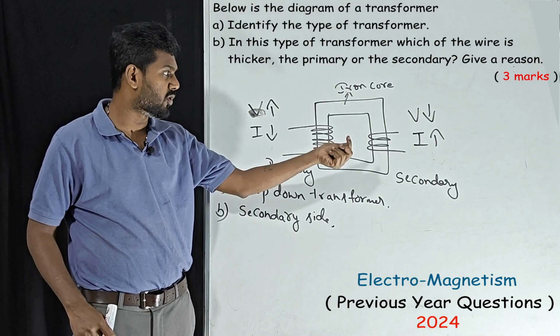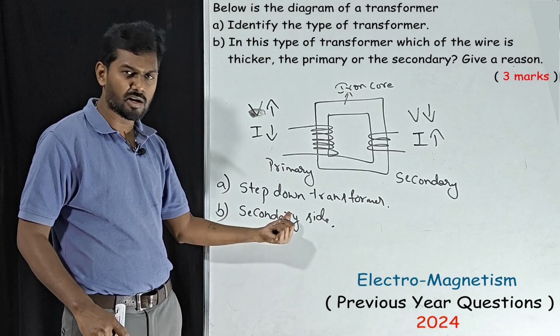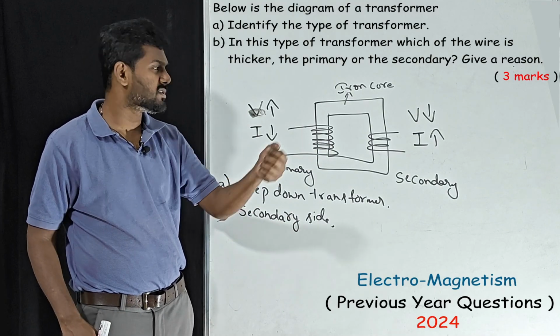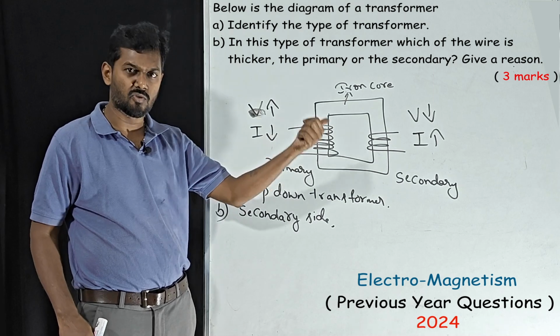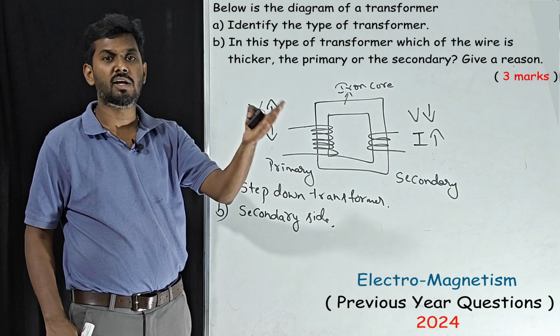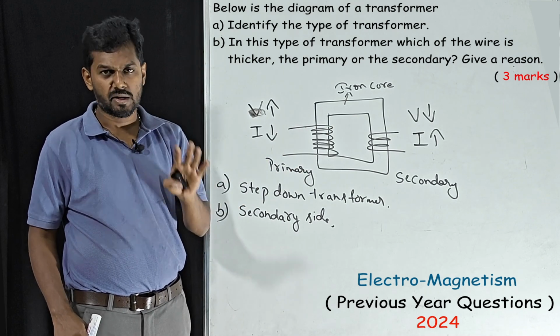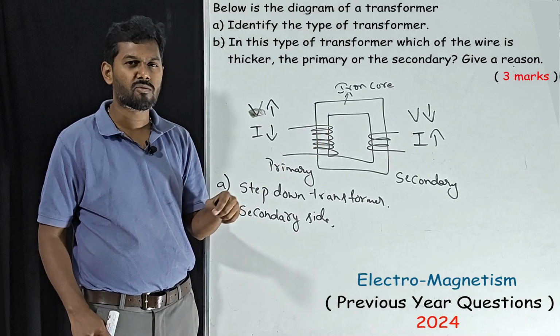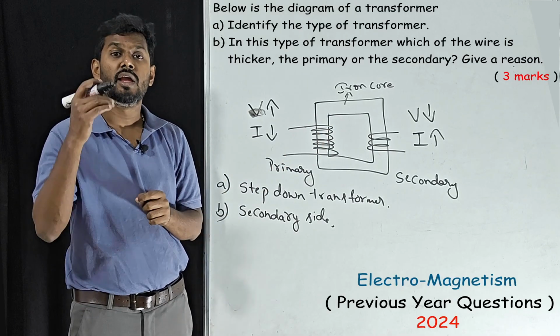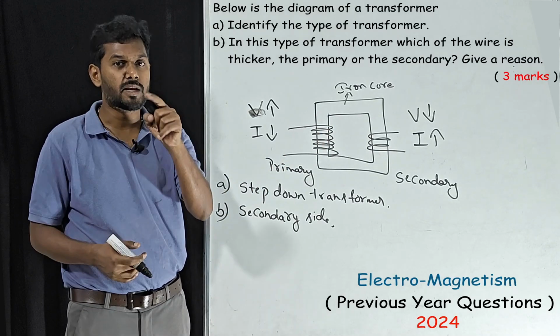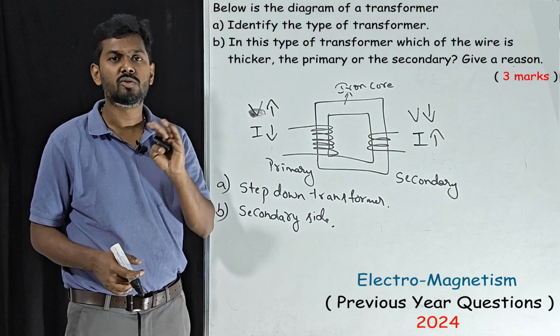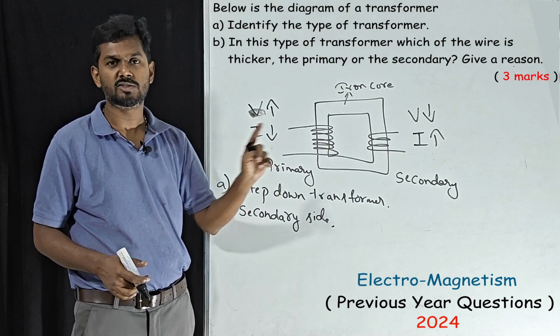Where we have less voltage, there we have thicker wires, because on that side we have more current. Why do we have to reduce the resistance? If the resistance is more, the temperature will be more, right? In order to reduce the temperature, the wire has to be thicker.